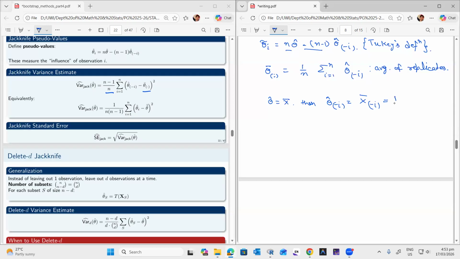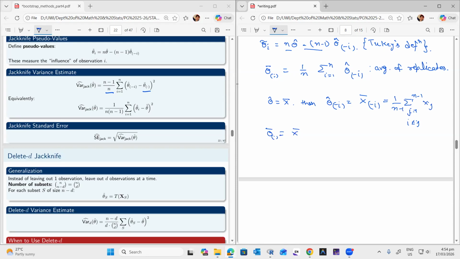And the formula will be 1 upon n minus 1, summation over j goes from 1 to n, where i is not equal to j, of xj. All right. The average of the replicates is theta bar dot equals x bar, since each x bar minus i is the average of x.